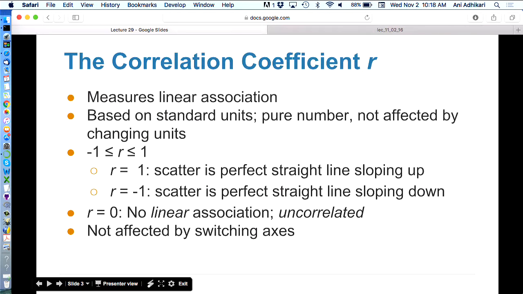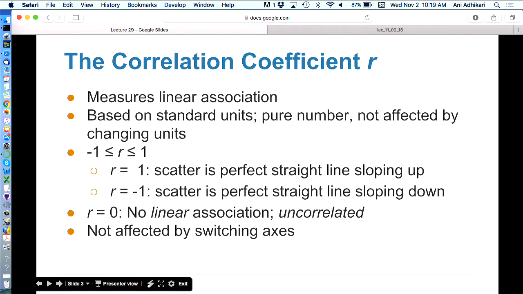You know that R equals 0 means that there's no linear association, but there could be significant nonlinear association. And you know that R is not affected by the units of measurement, nor by which you call X and which you call Y. We also talked about being sensible in using or interpreting this number for particular sets of data. That is basically the two-minute summary of last time's lecture.